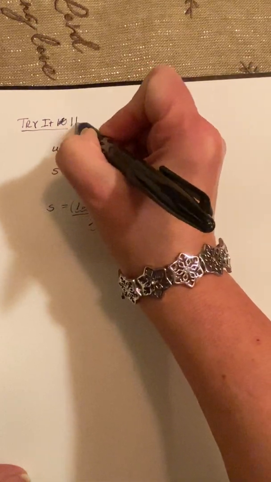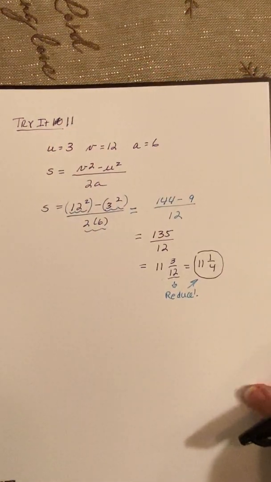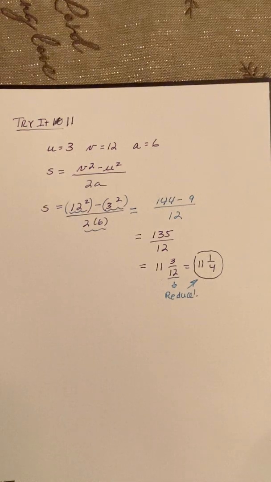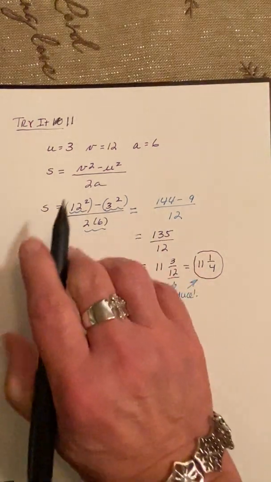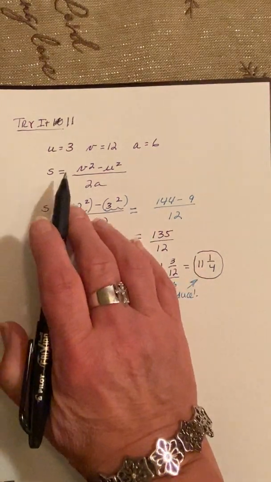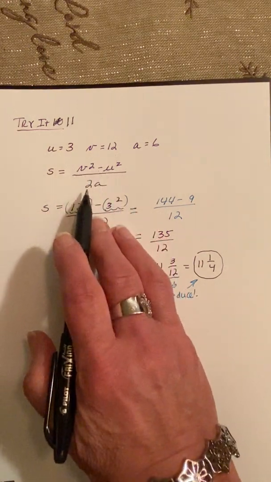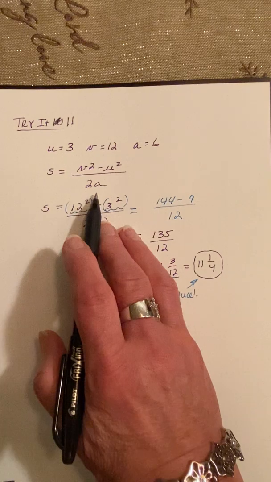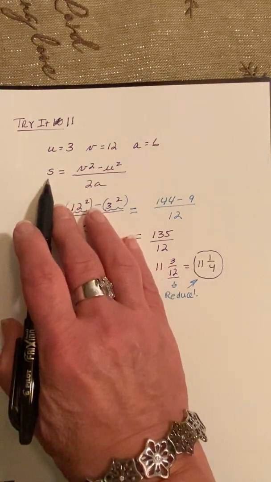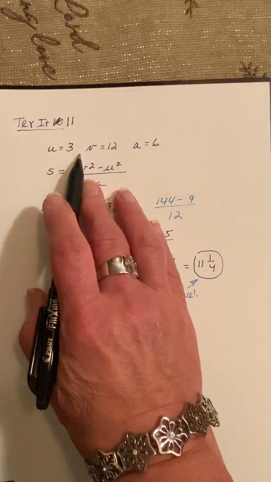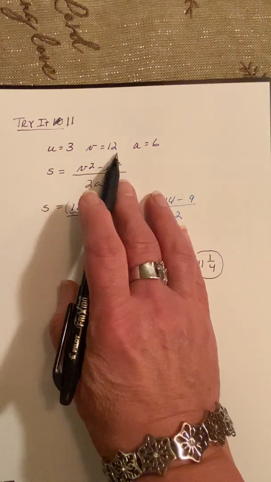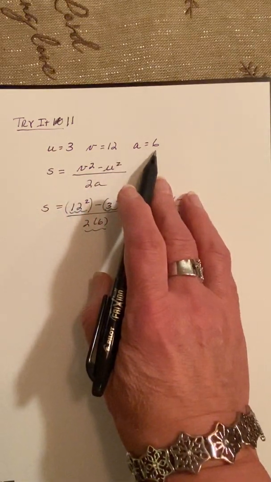Anyway, they give us the formula: S equals V squared minus U squared over 2A. Find the value of S when U is 3, V is 12, and A is 6.